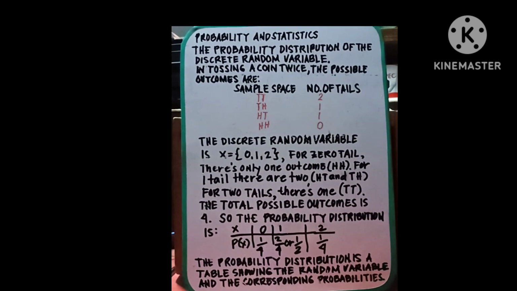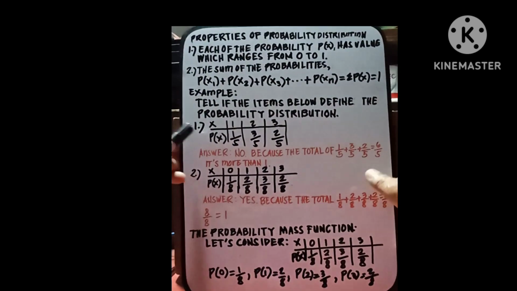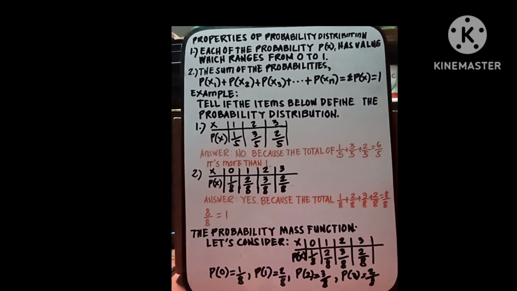So going further with probability distribution, we have the properties. The properties of probability distribution. Number 1, each probability P of x has a value which ranges from 0 to 1. It does not exceed 1, and it is not below 0.